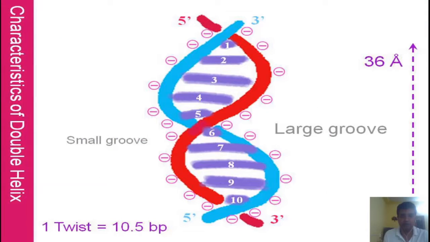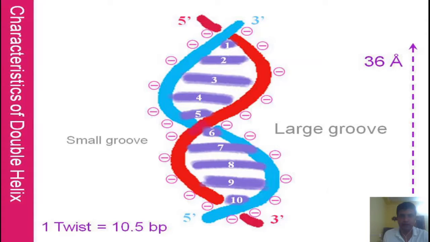So this is the structure of DNA. These are the sugar phosphate backbone and the nitrogen base pairs. They are stacked. These nitrogen bases are complementary to each other, which follows the Watson and Crick pairing.